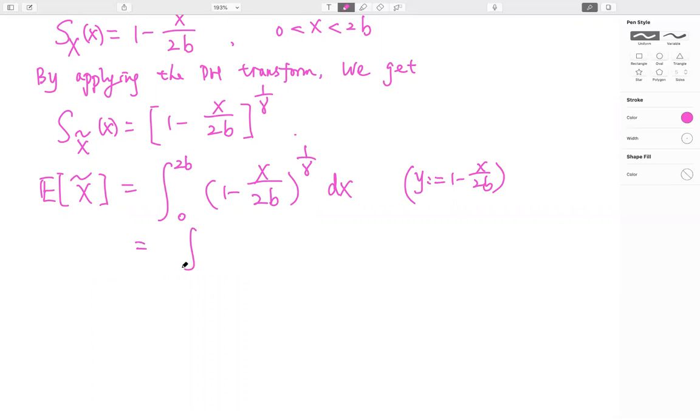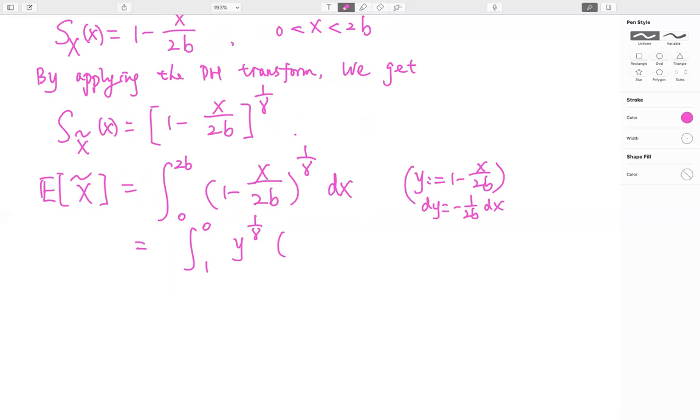So then when my x is 0, my y is 1. When x is 2b, y is 0, so later on we will need to flip it. So it's y to the 1 over gamma. Now I need to figure out what dy is. dy equals negative 1 over 2b dx.